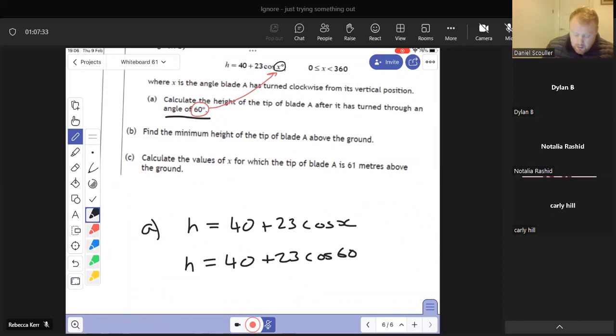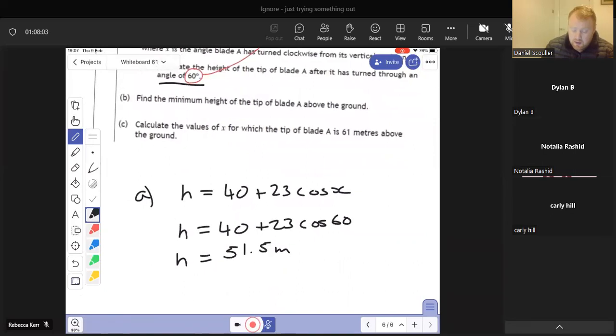Putting that in our calculator, you should get 51.5. Okay, and that's the height. So nothing different to what we've been doing. It's just a slightly different way of asking it.